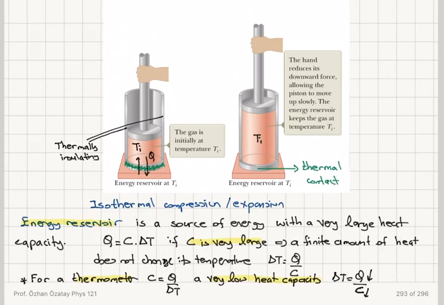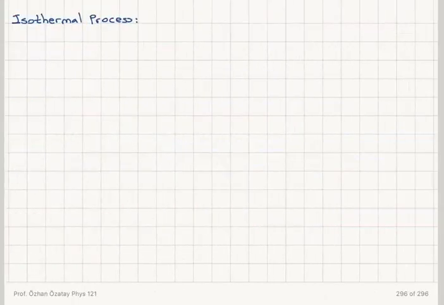It is in contact with an energy reservoir that fixes its temperature. The energy reservoir is a system that has very large heat capacity. Alright, so in the isothermal process, the temperature is kept constant by forming one thermal contact with an energy reservoir.